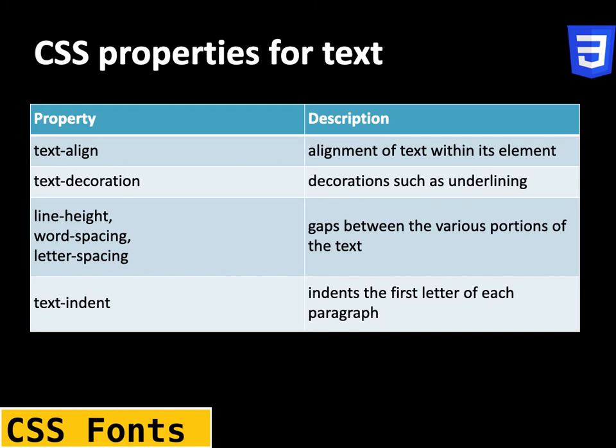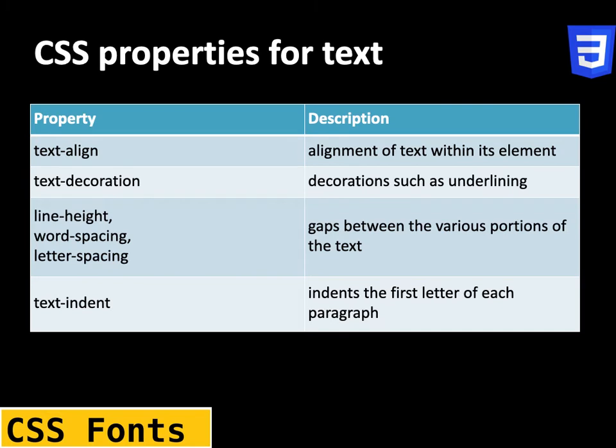Line-height, word-spacing, letter-spacing. There are some properties that define the gaps between various portions of the text. Then text-indent is the property name. It indents the first letter of each paragraph. We are giving a particular space for the first line of every paragraph.